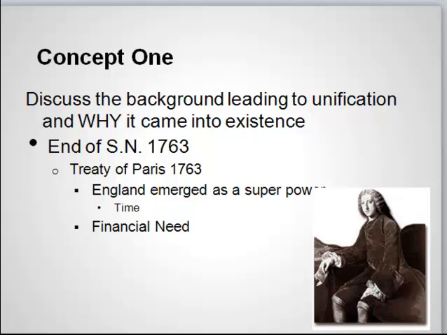As previously mentioned, the annual cost of maintaining the civil and military establishments in America alone had risen from some 70,000 pounds in 1754 to almost 350,000 pounds in 1764. So we're talking almost 5 times the amount in nearly just about 10 years.